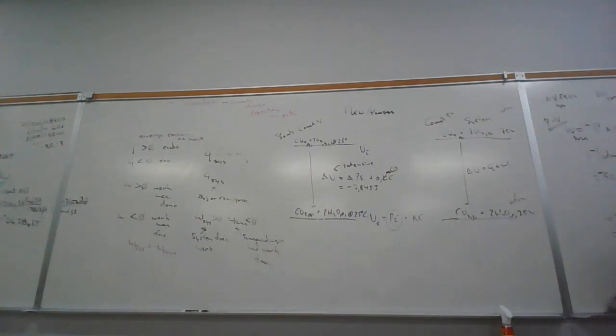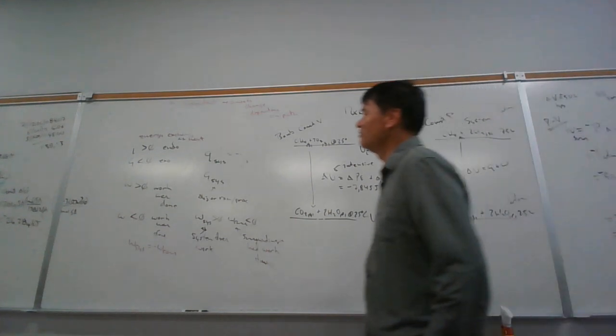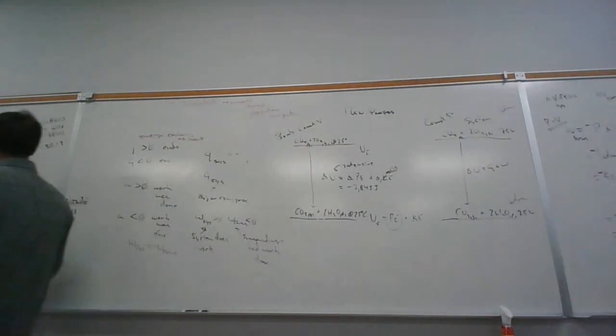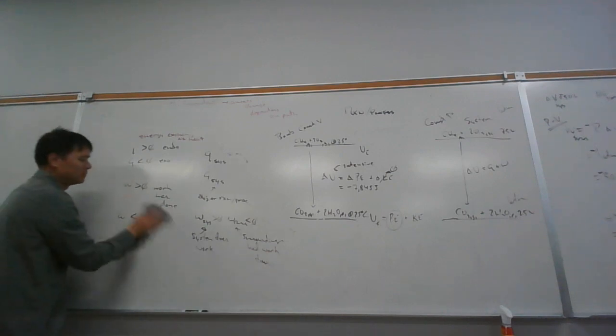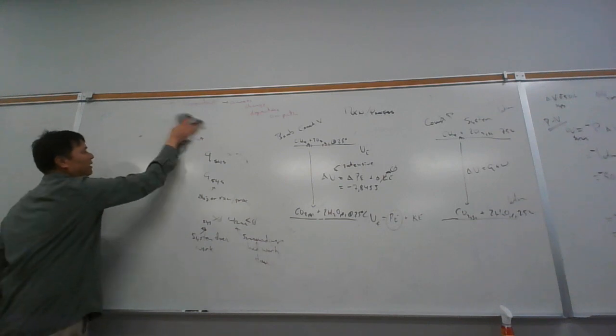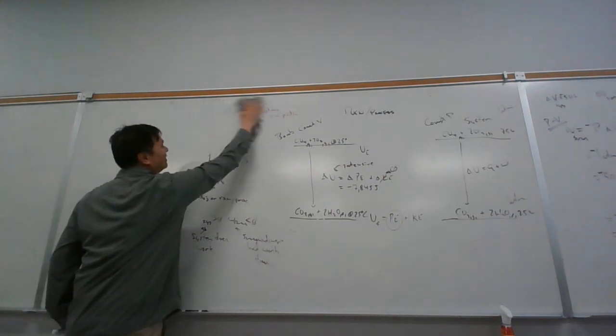This mixes everything up because the amount of heat depends on how you do it. It depends on the path. And it complicates things, because we have to think: are we doing this under constant pressure or constant volume? Therefore, we're going to come up with some ways to simplify this using symbols.